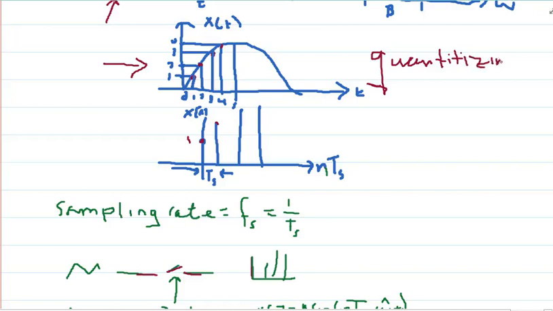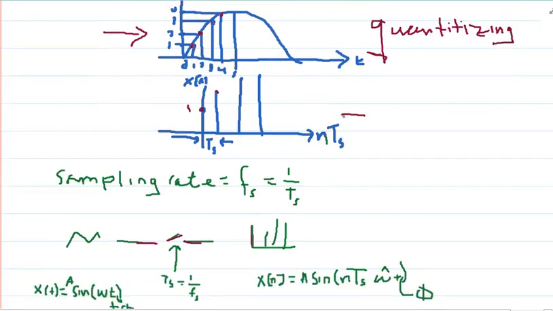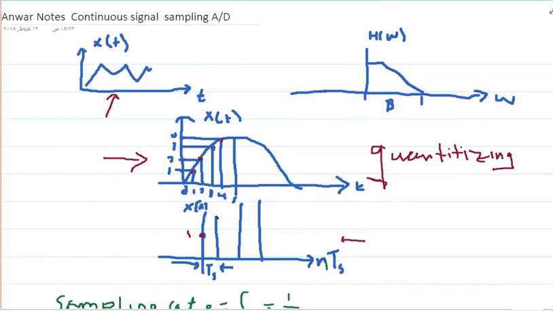If you remember. So the output signal looks this way. Assume the signal has a bandwidth B, just like this one, the bandwidth in the Fourier spectrum.